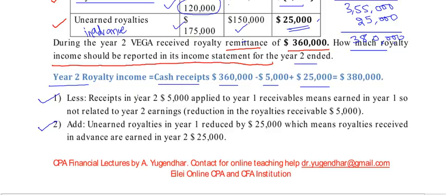Next, add unearned royalties: in year 1 reduced by 25,000, which means royalty received in advance was earned in year 2. So earned in year 2 means earned related to this year. Whenever we receive it, we do not consider it; when we earn it, only then can we consider it.